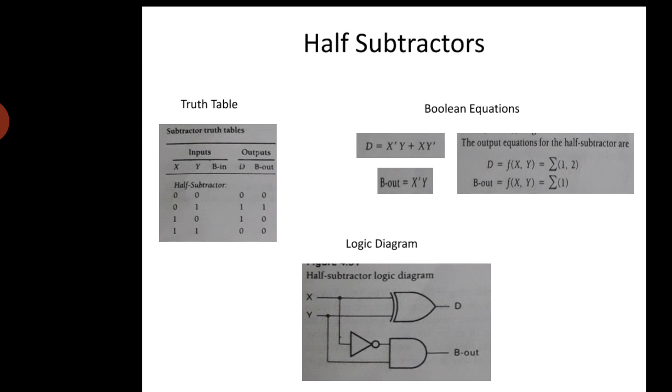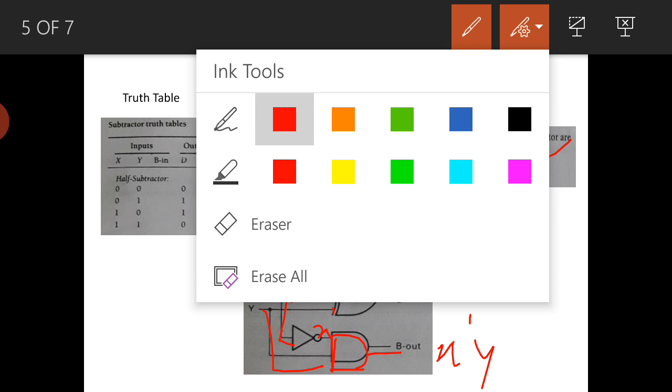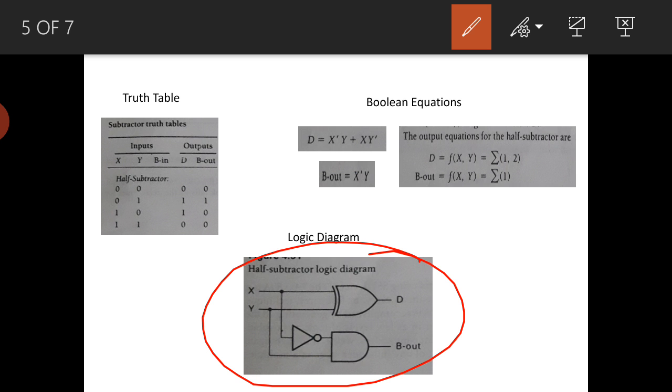So the min terms for difference are 1, 2, and for borrow, 1 is the min term. Whatever x bar y is there, x is inverted using a NOT gate, y is connected, and this goes to the AND gate, giving x bar y. This circuit is the realization of the half subtractor using gates.